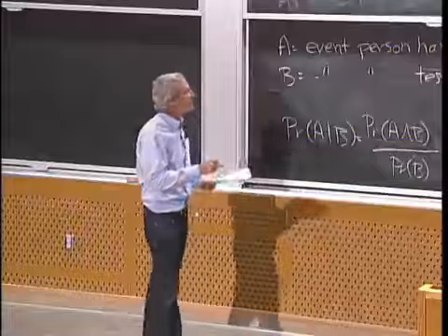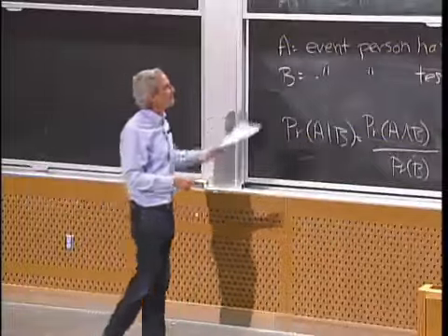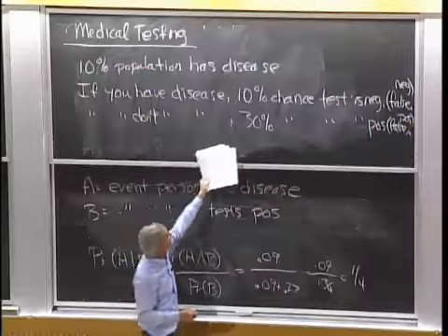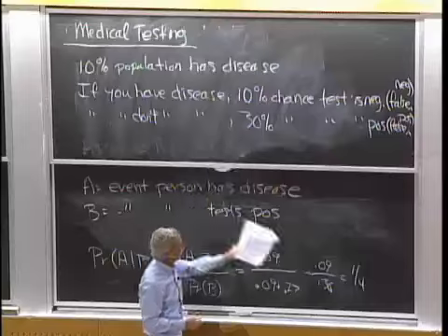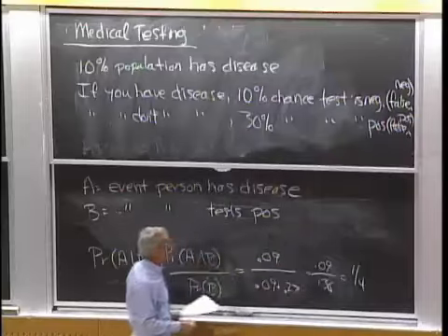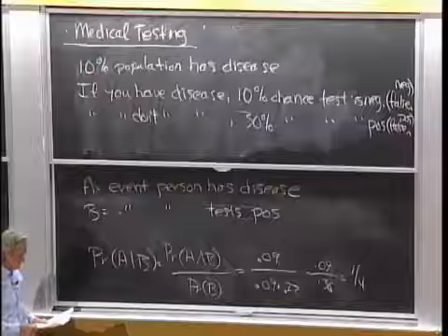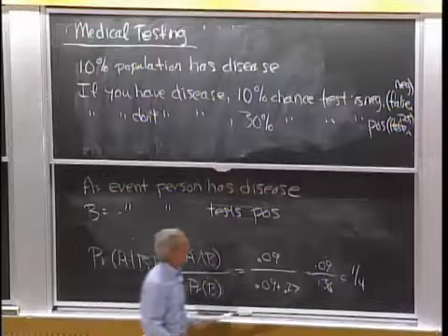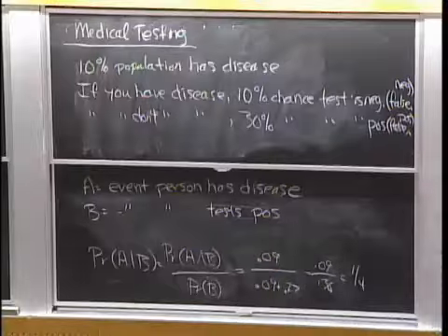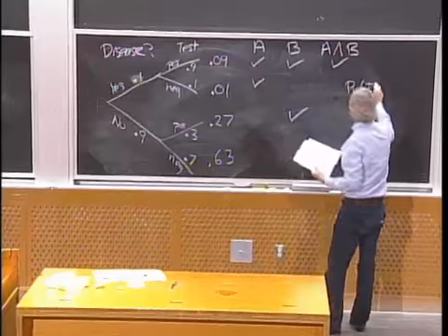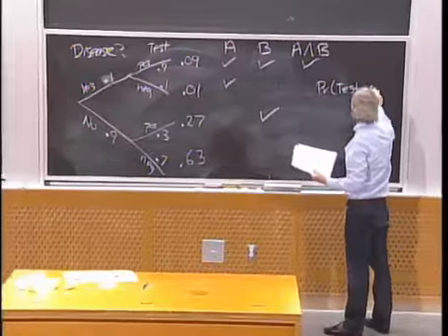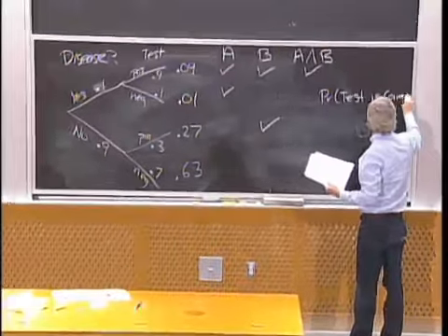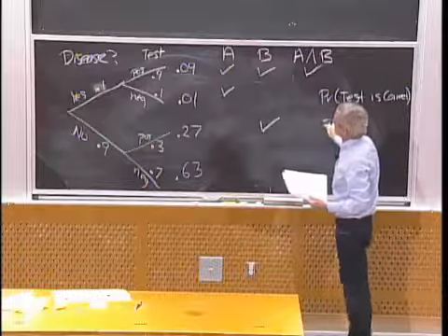All right, so this is sort of paradoxical, you know, that it looks like a pretty good test. Low false positive, low false negatives, but likely to be wrong, at least if it tells you you have the disease. In fact, let's figure out what's the probability the test is correct. What's the probability the test is right in general? 72%.